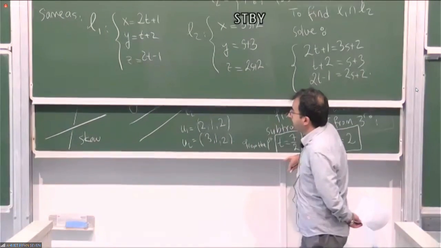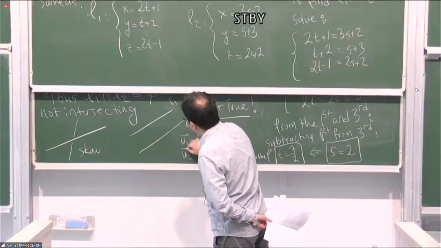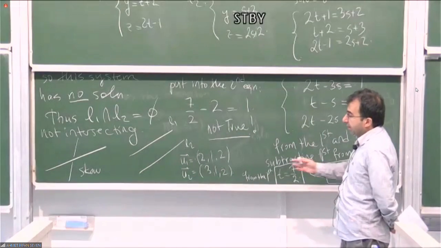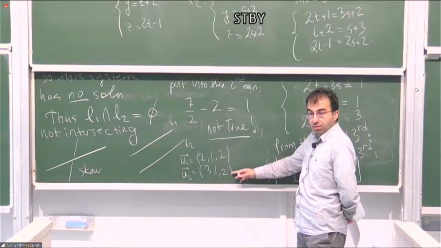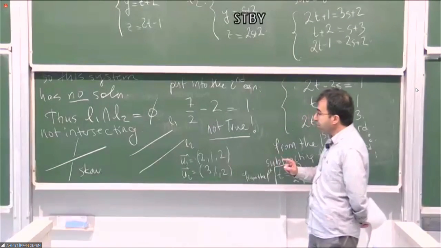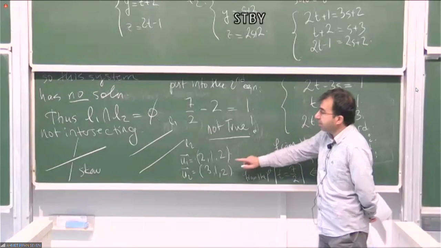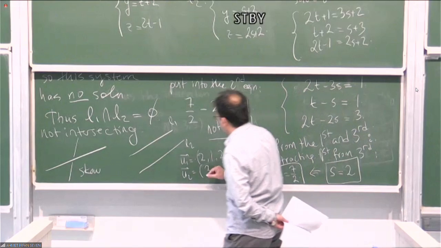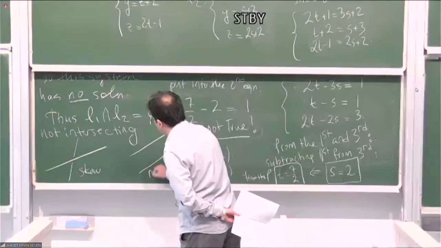Okay, these are the direction vectors. Fine. Are these direction vectors parallel? No, because they are not multiples of each other. Not parallel.